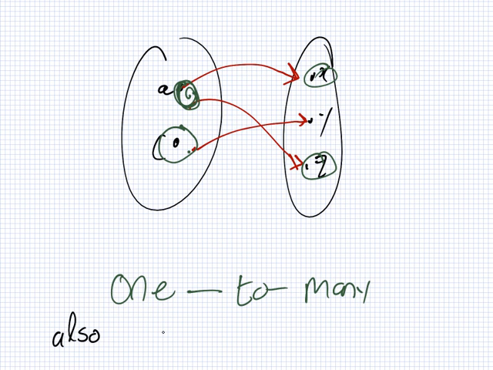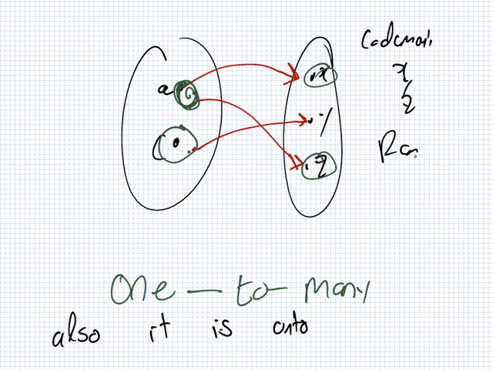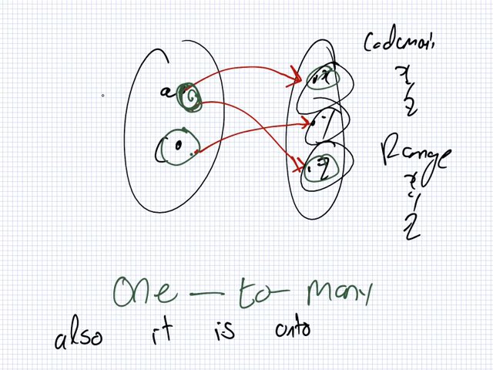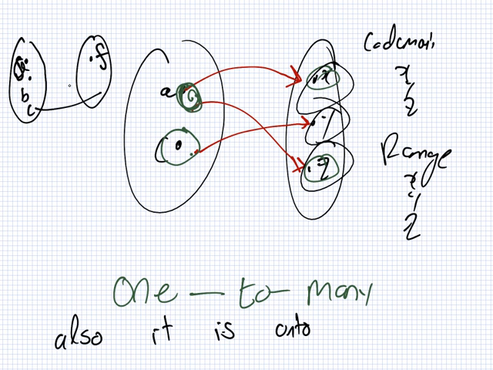It is onto, because the codomain, which is X, Y, Z, is the same as the range, which is X, Y, Z. Everybody has somebody, which is nice.